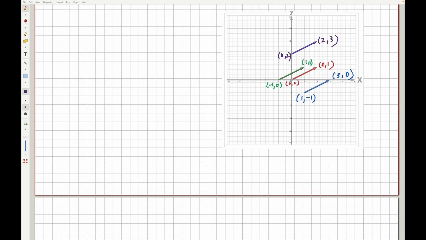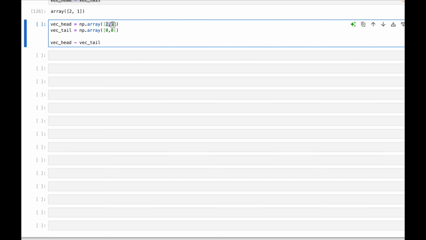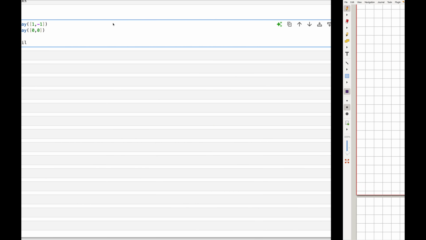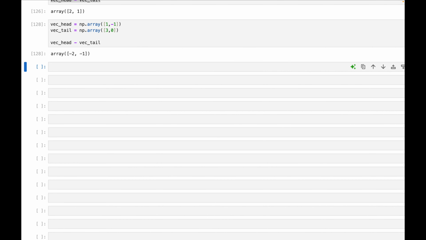Now if we take the other vector, let's say it starts at the tail of 1 -1 and ends at 3 0. We change this to 3, and look at the output, we see that this has become -2, -1.